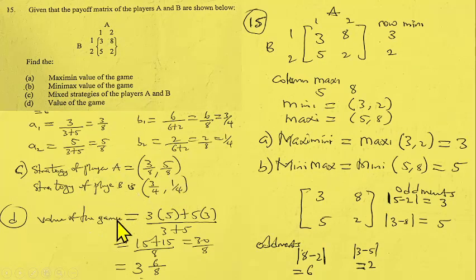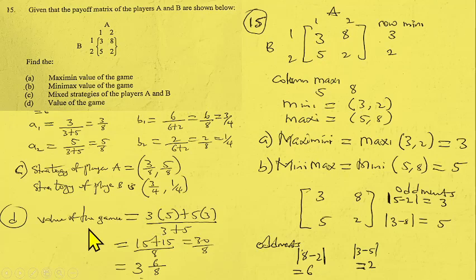Then therefore the value of the game will now be 3 multiplied by this 5 plus this 5 multiplied by this 3, again over 3 plus 5.